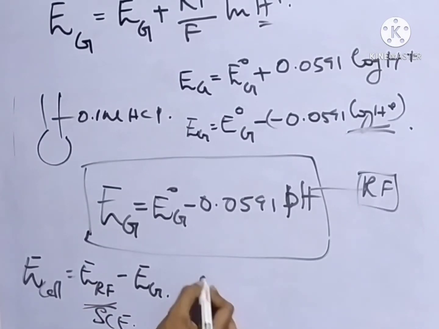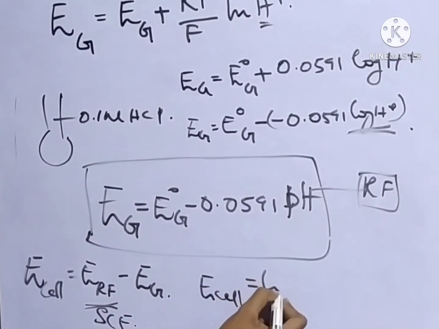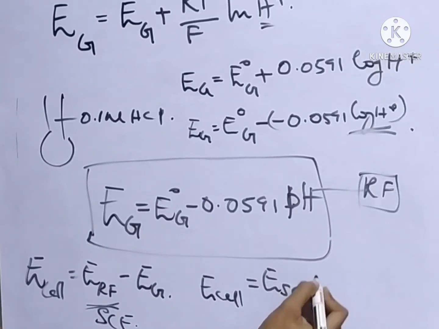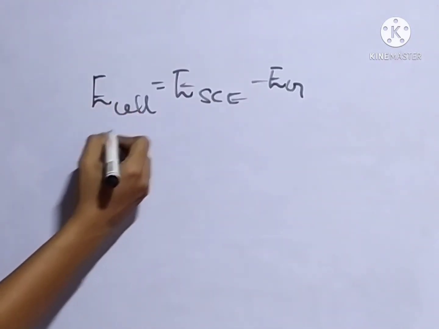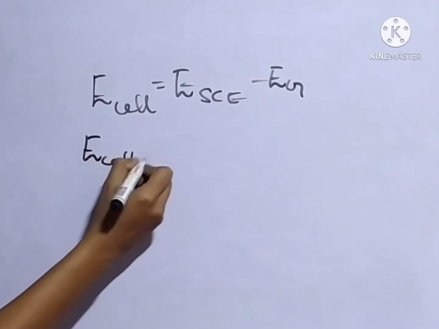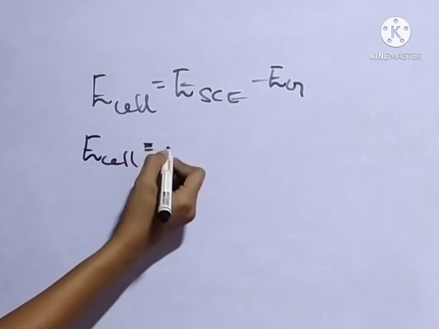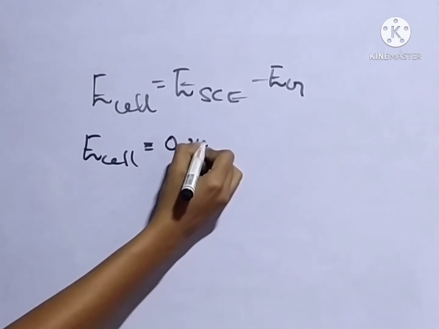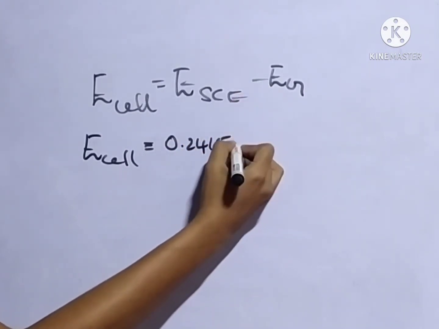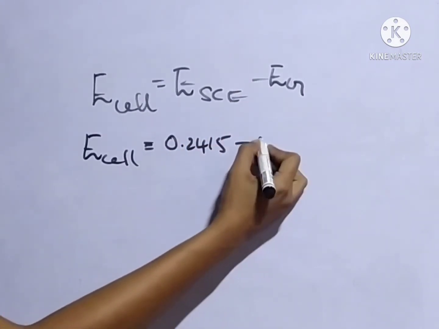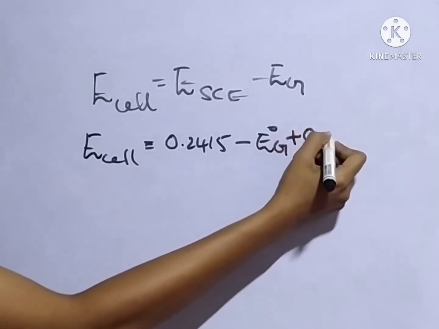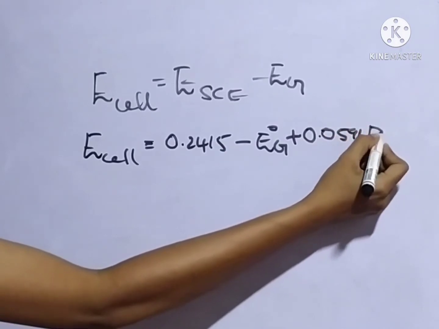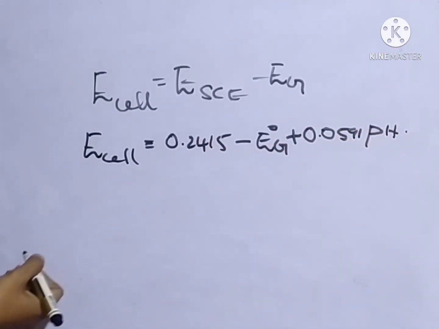That is, E cell equal to E standard calomel electrode minus E glass electrode. So E cell equal to E standard calomel electrode is 0.2415 minus Eg, which is E0G minus 0.0591 pH.